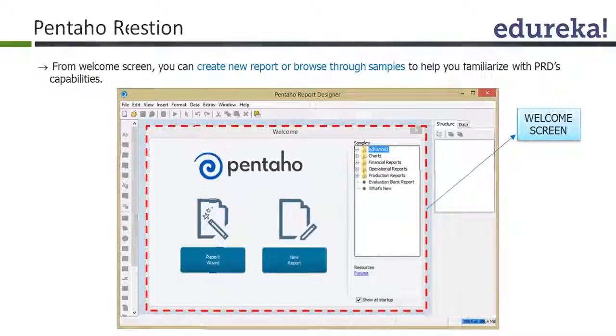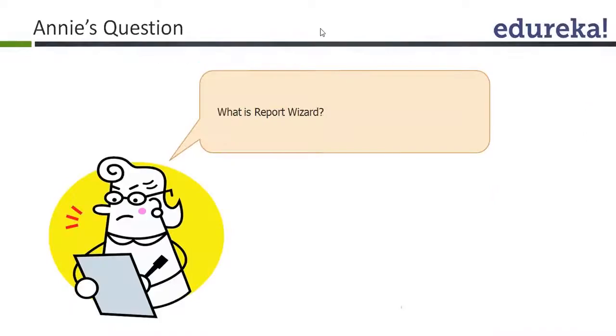Once you have configured the data source, you just select the data source, select the columns, and it is as good as installation of any tool where you just click on next, and at the end it will render the report.